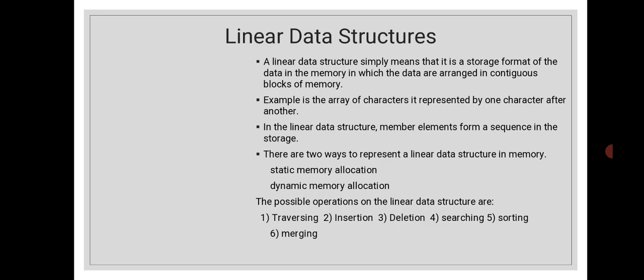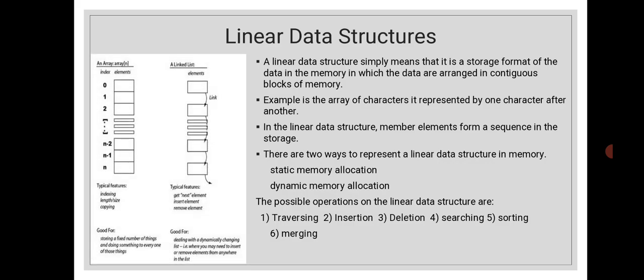Okay, see the difference between an array and a linked list. So array sequence, linked list will have the address of the next node or something like that. Typical features in arrays: indexing, length or size, copying.